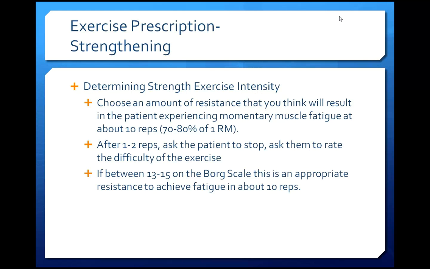After 1 to 2 reps, ask the patient to stop and rate the difficulty on the Borg scale. I'm using the traditional Borg scale, 6 to 20. I know a lot of people use the modified 0 to 10. I started using the Borg scale when I did my case report. I wanted to use the traditional Borg 6 to 20, so I still use it. So 13 to 15, I think that equates to 6 to 7 on the modified Borg.